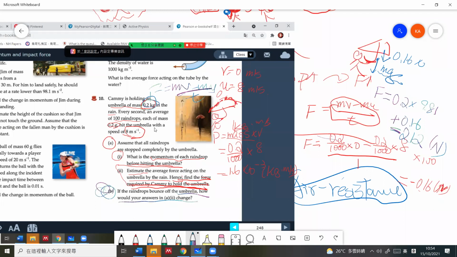What would happen if it bounces off from the umbrella? You don't need to calculate this. Number 20, who is number 20? If it bounces off, what happens? The force would increase. I know the force will increase, but why?